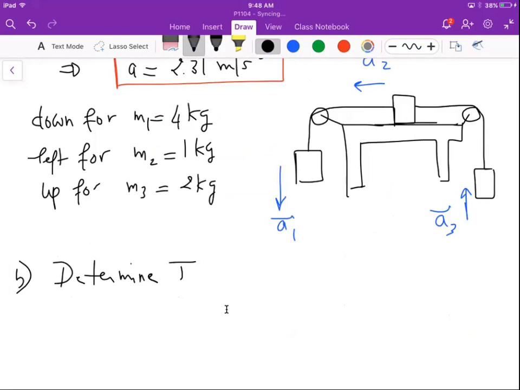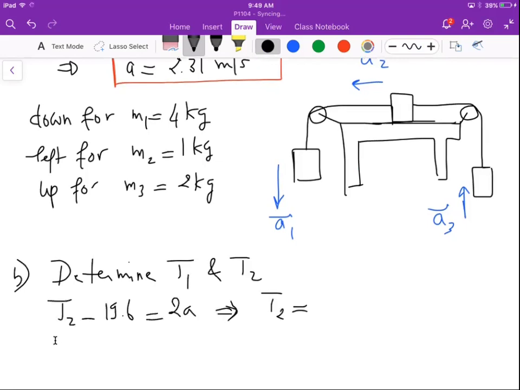From here we can deduce the value of T2, and if you calculate it, you will end up with 24.2 Newton. Okay, so this is the value of T2.